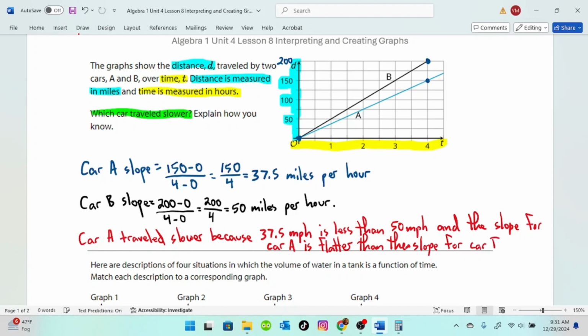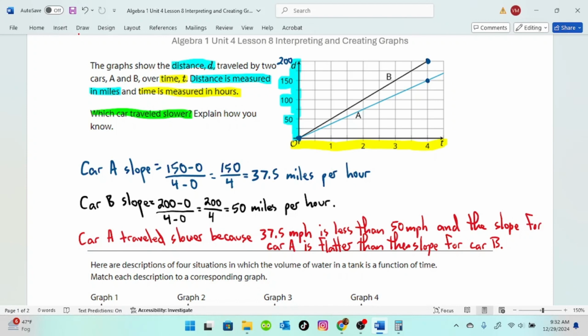So what I'm saying here is that you can either calculate the slopes and compare them and see that the slope for car A is less than the slope for car B, or you can look at the graph itself and you can see that car B has the line that is steeper or more up and down than the line for car A. The line for car A is flatter than B. The flatter that line is, the slower the rate of change, or the lower the slope.